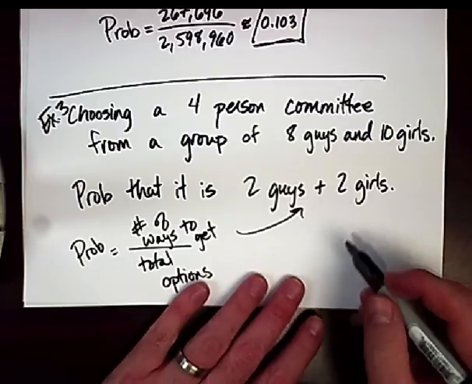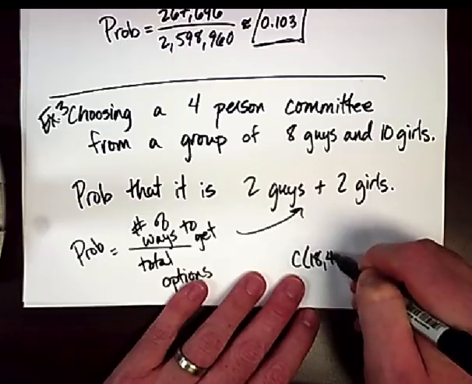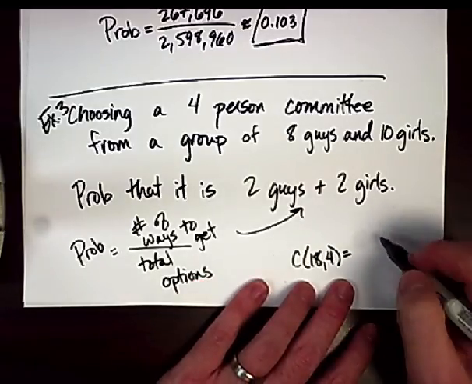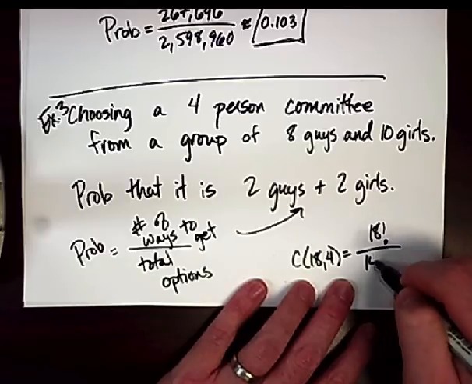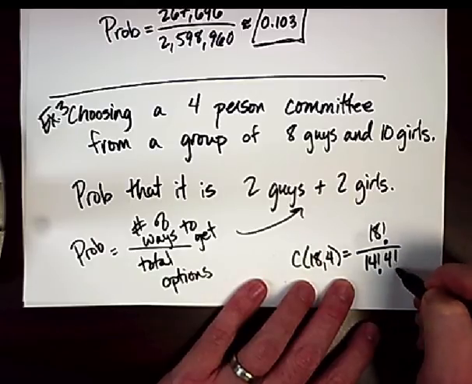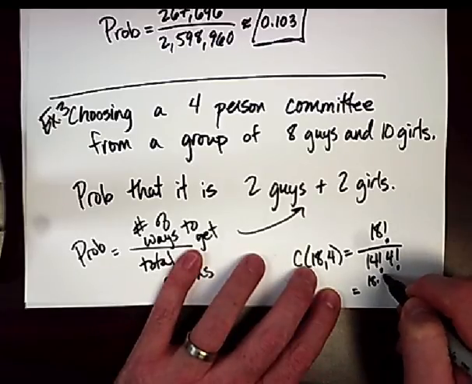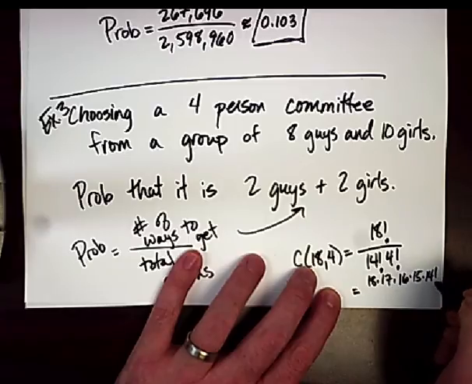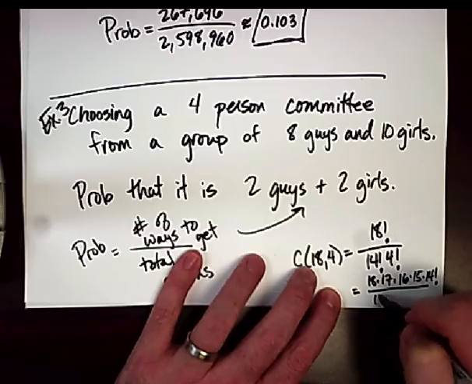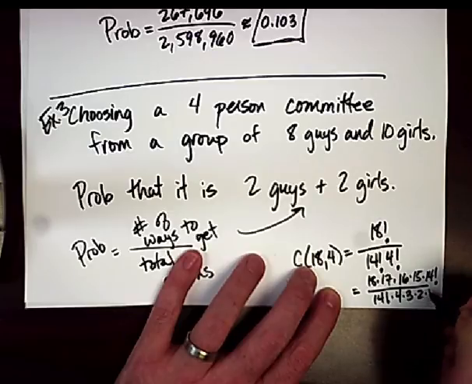So that's just the combination of 18 choose 4, which according to our formula is 18 factorial over 14 factorial, 4 factorial. Which is 18 times 17 times 16 times 15 times 14 factorial over 14 factorial times 4 times 3 times 2 times 1.